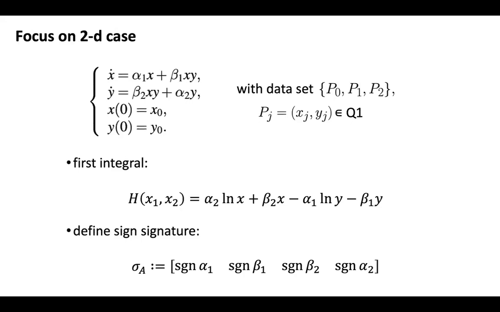And one of the qualitative things we're after, as I mentioned, is what we call the sign signature, the signs of these four parameters. Okay, and we're going to assume that we have these two data points, and we're going to ask how the qualitative information about the system depends on the location of each data point.